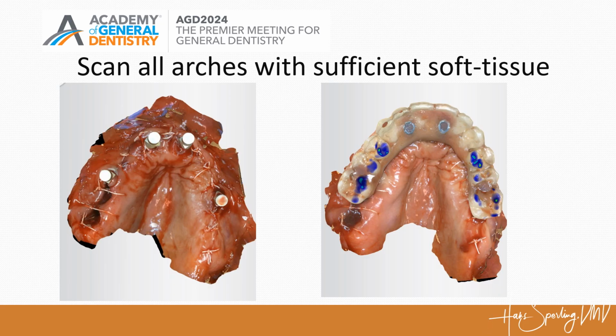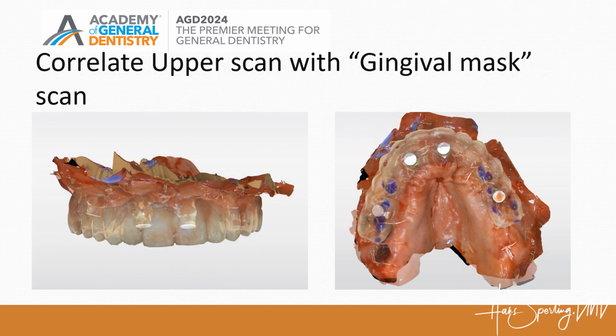That's why we need a lot of soft tissue. And if we've done it correctly, the system can merge the two models, overlap the two models, and now we have our record of our new prosthesis or smile design and occlusion of the patient with our digital scan post and the soft tissue and the correct bite.